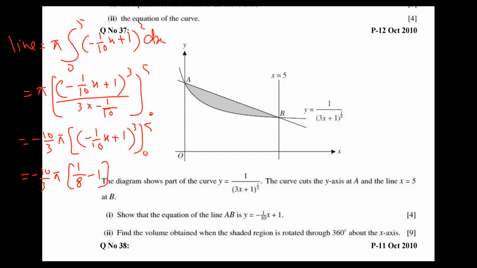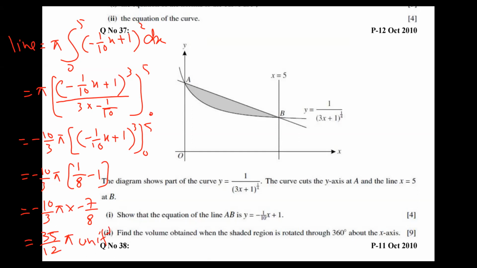This is 5 negative half plus 1 and 1 by 8, 1 by 8 minus 1. I got it, this one negative 10 by 3 pi times negative 7 by 8. So this multiplied with 10 divided by 3, it gives us 35 over 12 pi unit cube.